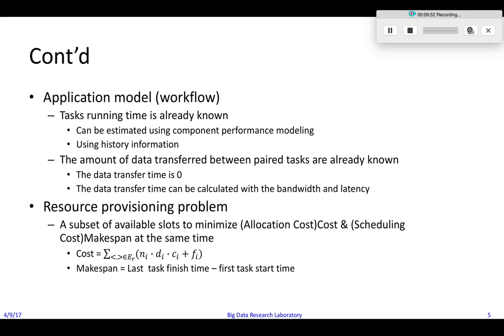To make it consistent with other papers, I will call the allocation cost the cost, and the scheduling cost the makespan. Then the cost is calculated by the number of processors, the duration time, and the unit price of the processor. And the makespan can be calculated by the difference between the last task finish time and the first task start time.